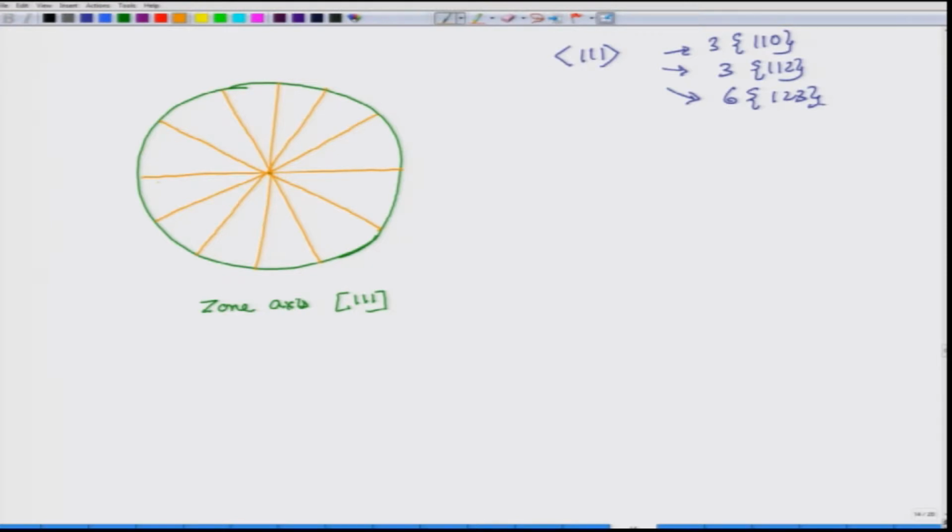Now, let me mark out these planes. These are the 6 different planes that we talked about, 110 and 3 112, which are listed over here.